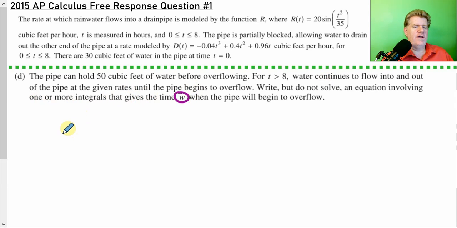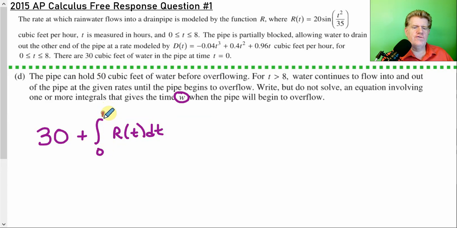All right. So we know the pipe starts with 30 cubic feet in there. We know it enters at the function of R. We just don't know when. We know it starts at 0 and it goes to a time w.